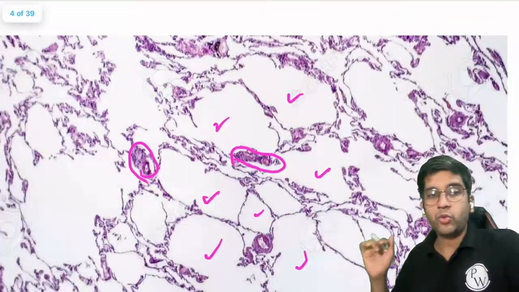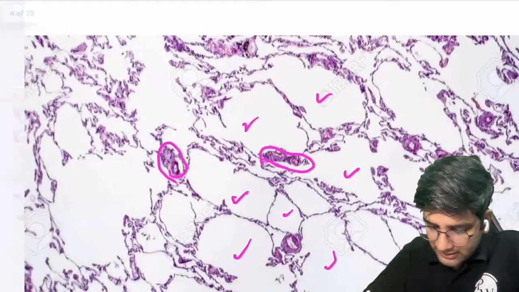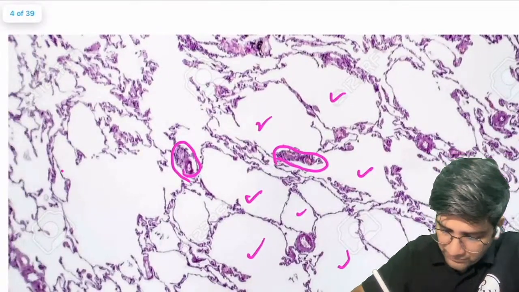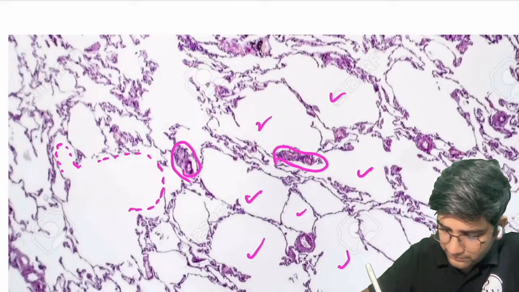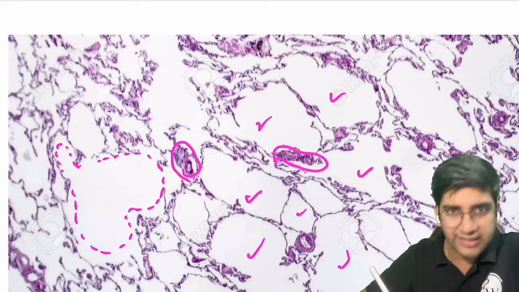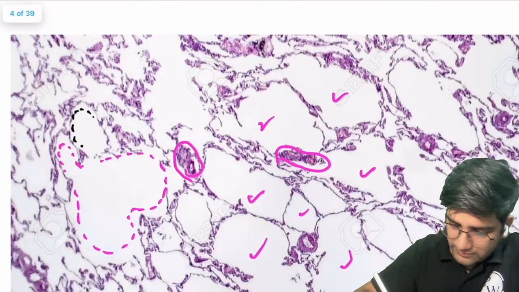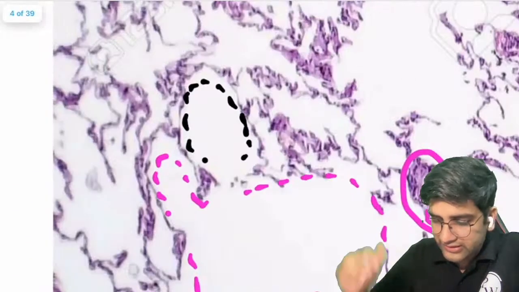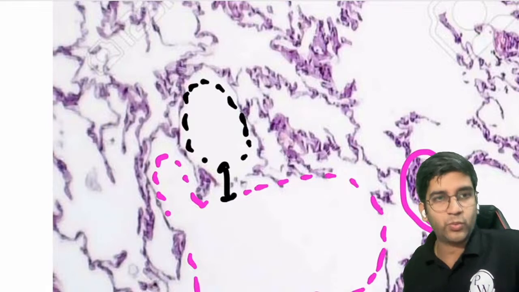Just let's see how good your histology is from your first year of MBBS. If you look at this, am I right in saying that whatever I'm drawing in dotted lines is an alveoli, right? So I'll draw one more alveoli in black color. If you look at these two, these two alveoli have a connection, right? They are connected. What is the space called?